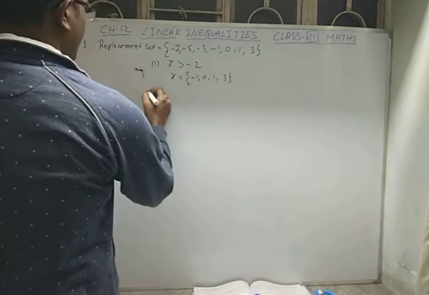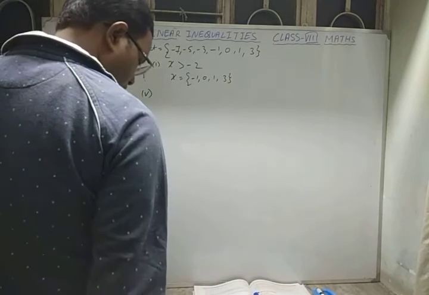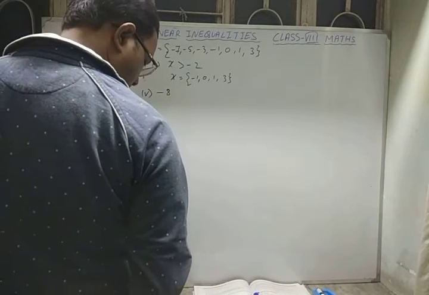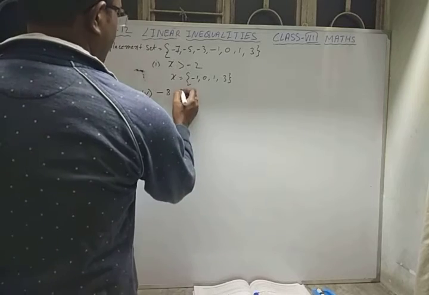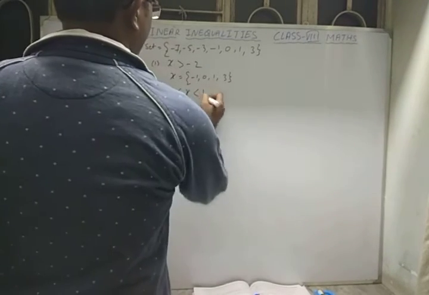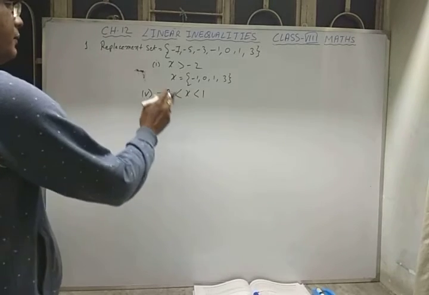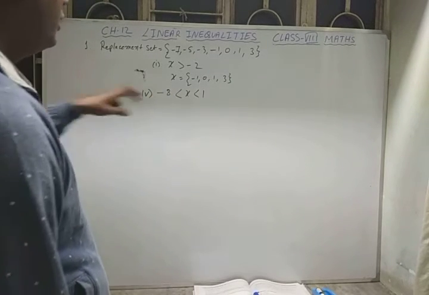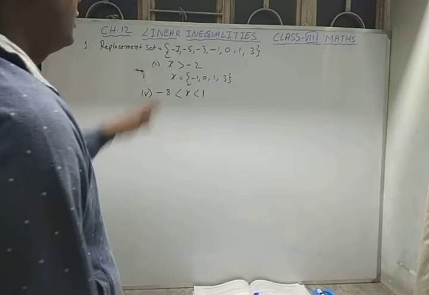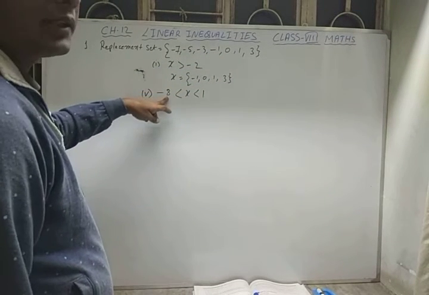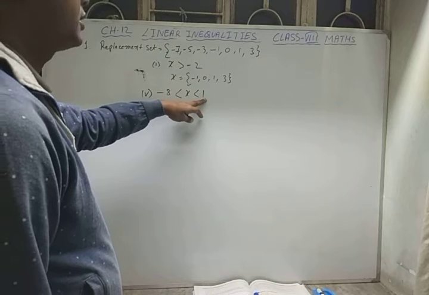Another question is number 5. It is given that minus 8 is less than x is less than 1. That means x lies between minus 8 and 1. From the replacement set we have to choose the values which are greater than minus 8 but less than 1.